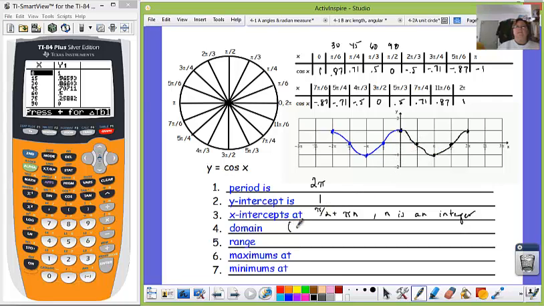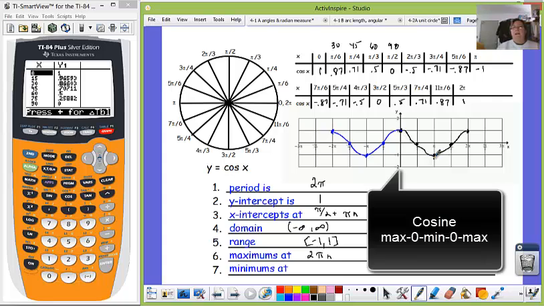The domain for this function is the same as for the sine, negative infinity to infinity. The range is the same, negative 1 to 1. It has maximums at every 2 pi, so 2 pi n, again where n is an integer, and minimums happen at pi and every 2 pi n after that.